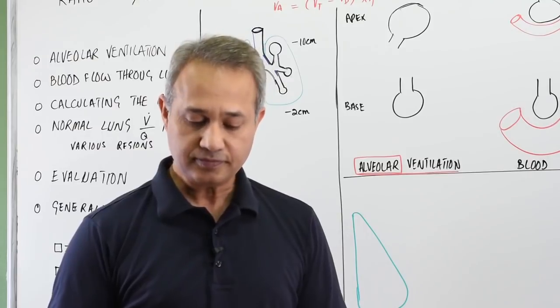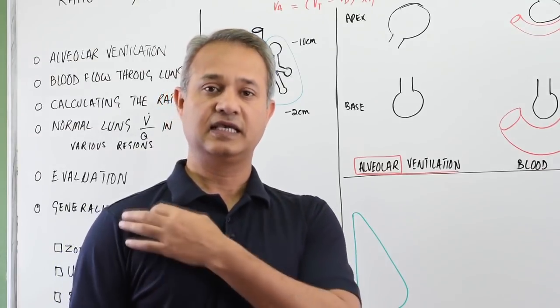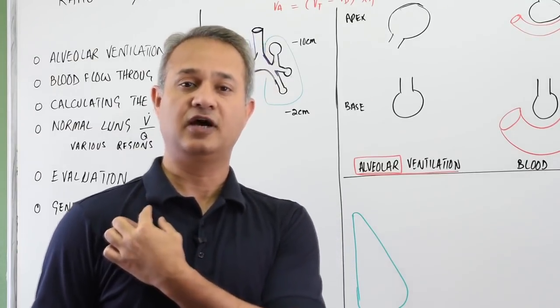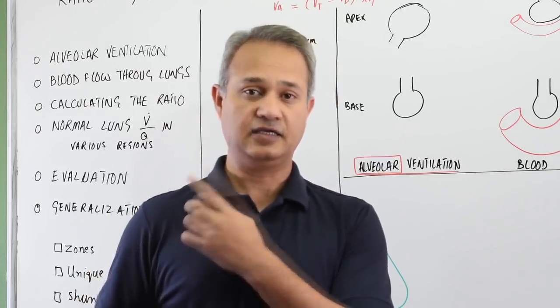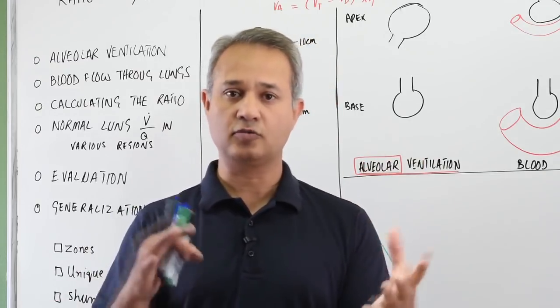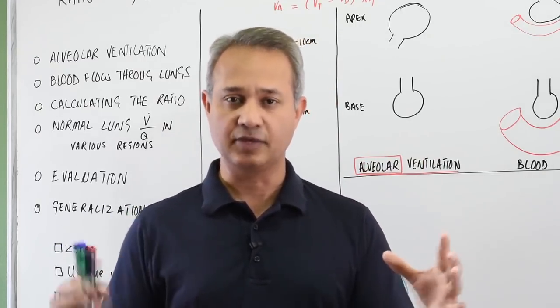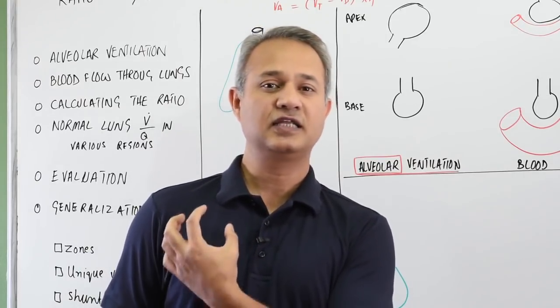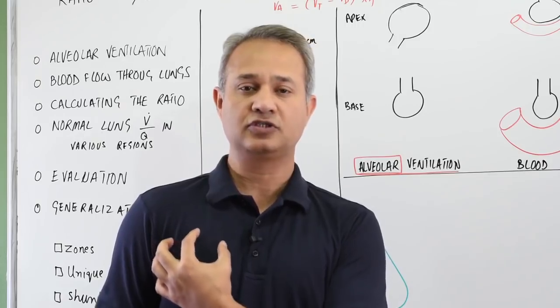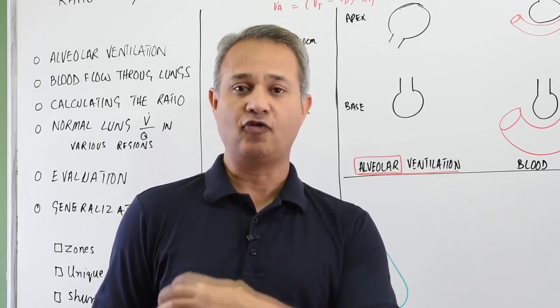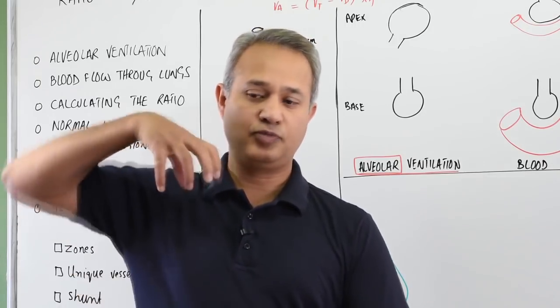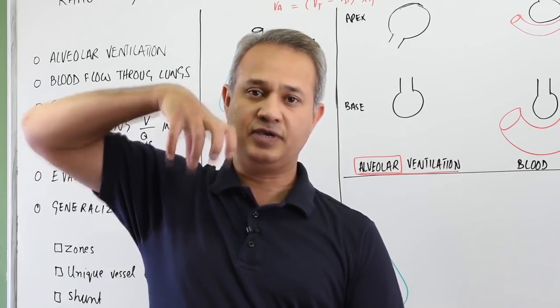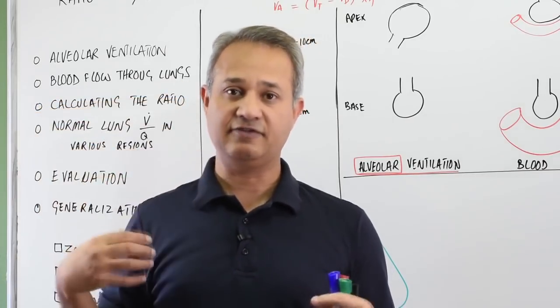So look, what happens is that the apex of the lung, when a person is standing, we're not talking supine, where almost the whole lung is the same, but when a person is standing, don't you think that the lung tissue is going to be trying to fall down while the pleura is keeping it hung up in the chest cavity?